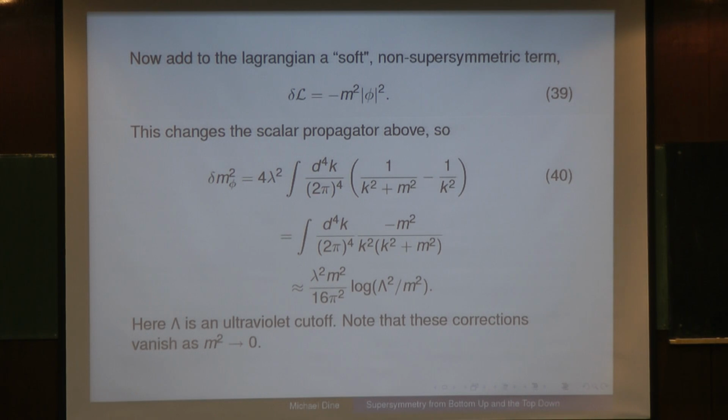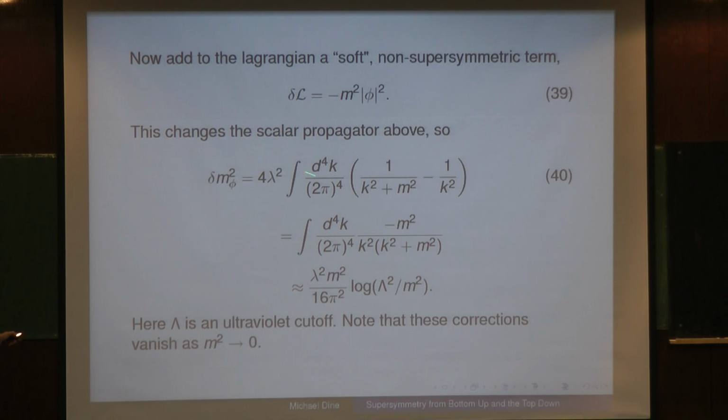We also considered adding soft breakings, and this is really where we're going to pick up today. We considered adding soft breaking terms, and the simple term we added here, I at least have the sign right, was a mass for phi, just out of the blue, but in the spirit of this naturalness principle of 't Hooft, where in the limit m goes to 0, we would restore the supersymmetry.